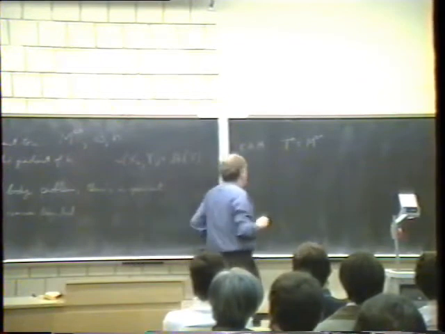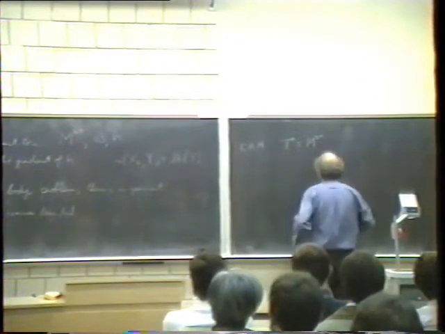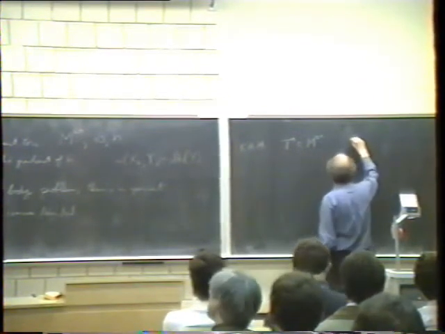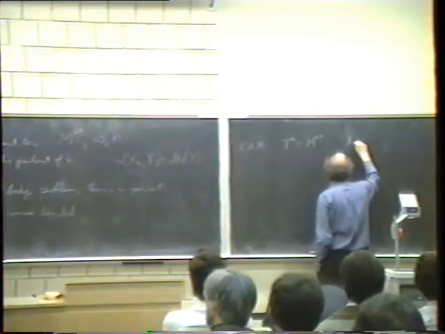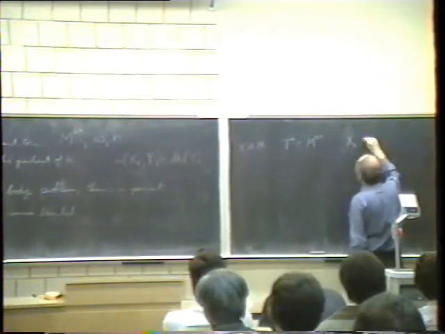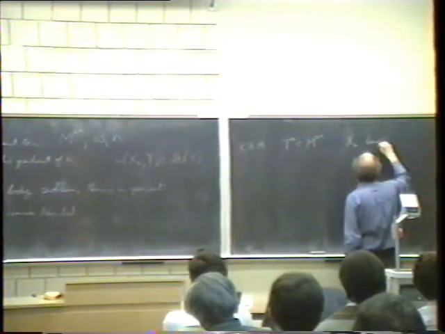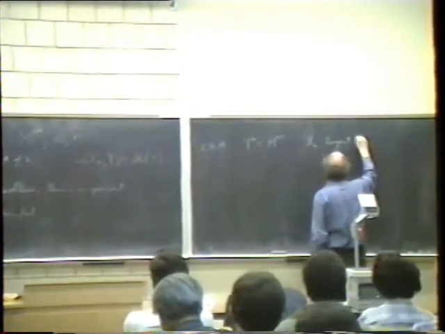and it's invariant. So invariant means that xh is tangent to Tn.